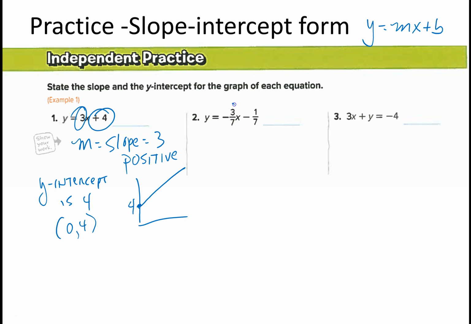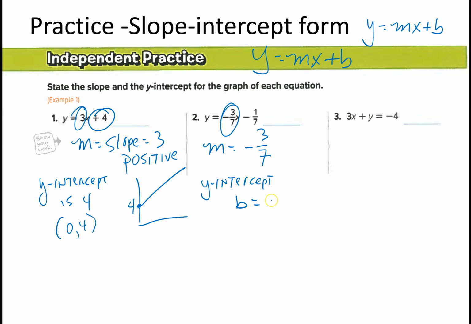The second problem, this is my slope, because remember it's y equals slope times x plus my y-intercept. So my slope is negative 3 over 7, and my y-intercept, or b, is equal to negative 1, 7. What is the slope of negative 3 over 7?